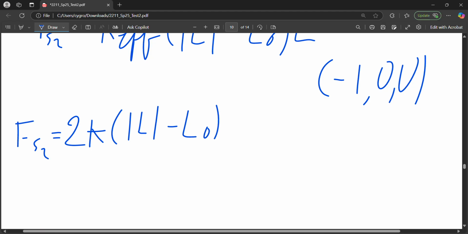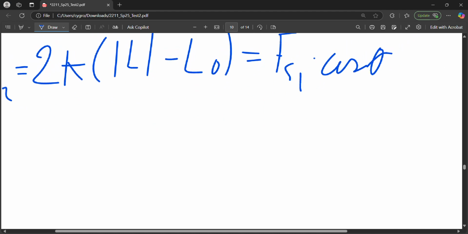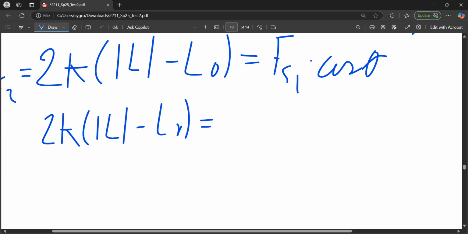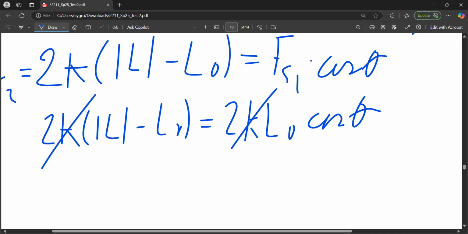And then we know that our force of spring 2 is going to be equal to our force of spring 1 times cosine, because they have to equal out and cancel out. So if we plug back in everything we found, it's going to be 2k times the absolute value of L minus L naught equals 2k L naught times cosine of theta. Our 2k's cancel out.